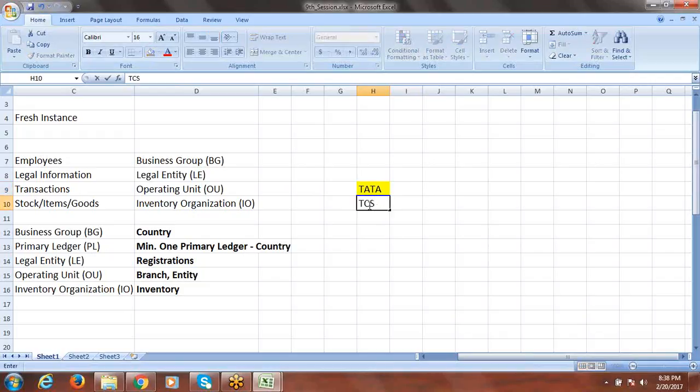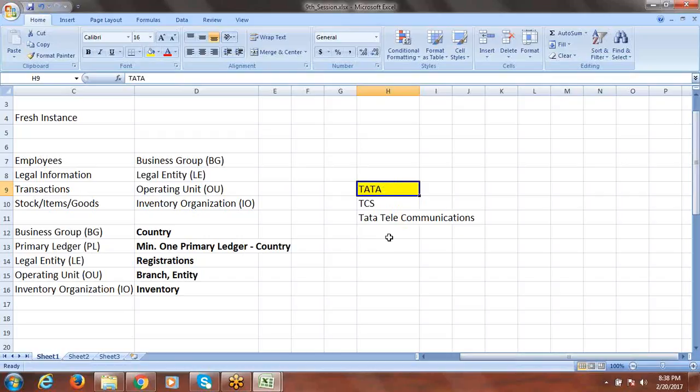Say TCS and Tata Telecommunications. And we have many: Tata Steel, Tata Motors, but not all are required. Take a simple example.